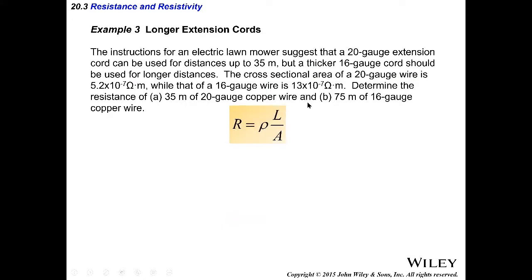And now here is a common household question, which we all need to be aware of, although most of us take it for granted. Namely, this one says electric lawnmower.